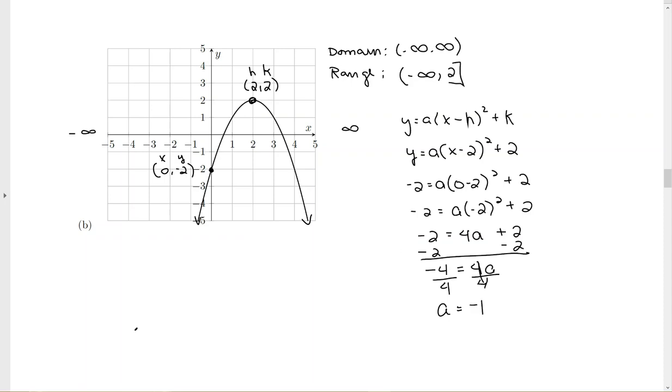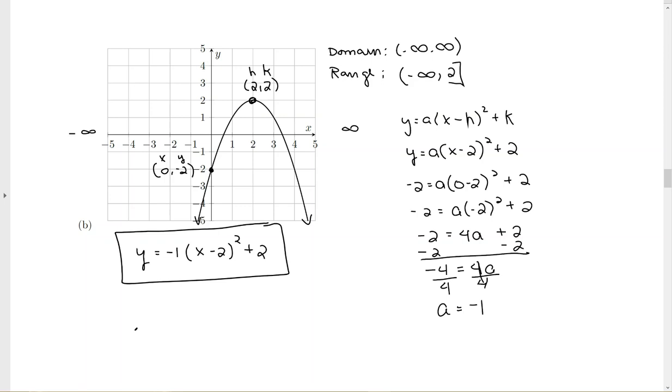It's got to be a negative because it's flipped upside down. So my equation is going to be y equals negative, which flips it around the x-axis, x minus 2, so it got shifted right 2, and then plus 2. So again, you can type that into your calculator and do a double check to make sure that your picture is matching up to the picture we have in the graph.